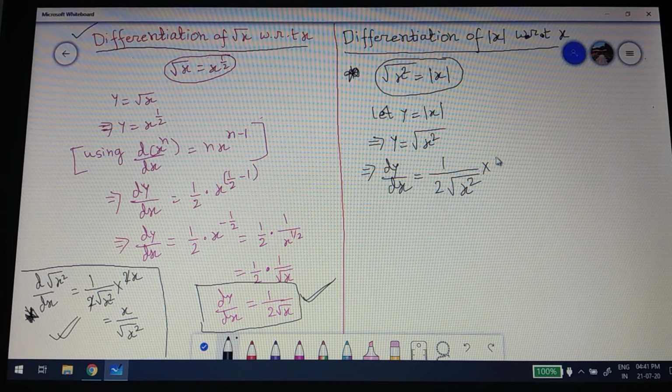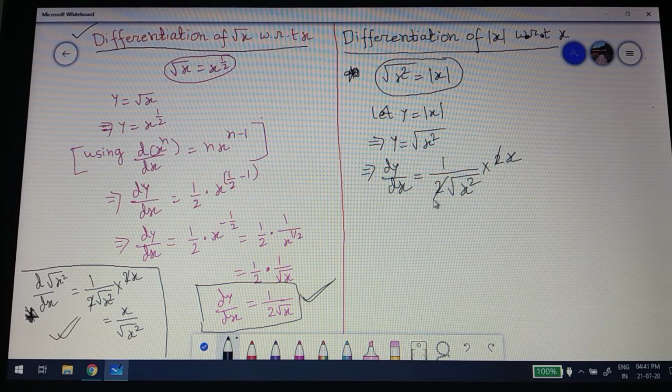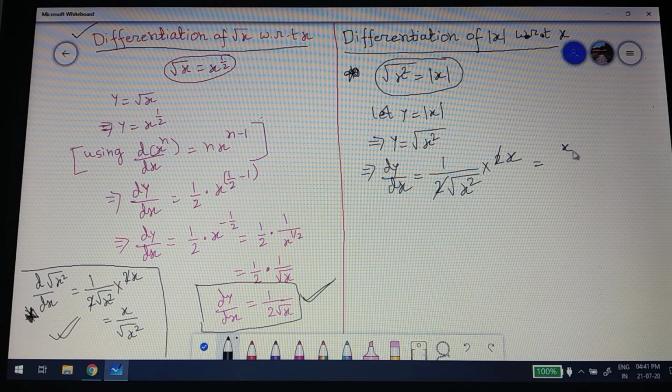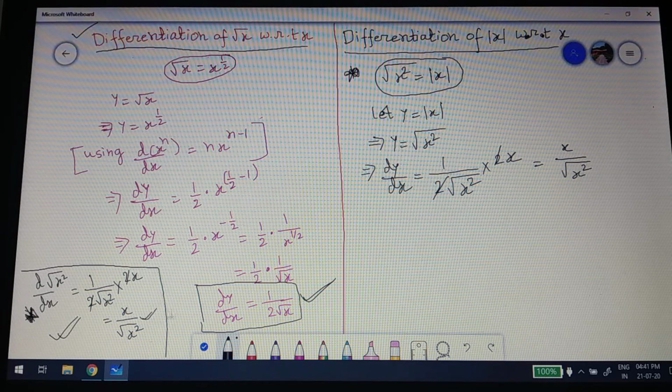Derivative of x square is 2x. Same thing as I have done here. So after cancelling 2 and 2, you are getting x upon root x square, as I have got here.